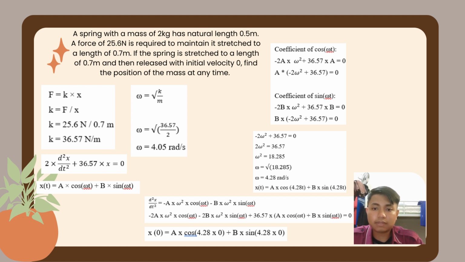So we assume x(t) equal a times cos omega t plus b times sin omega t. So we need to find the value of omega. The formula for omega is equal to square root of k divided by m. So we insert the value of k and m, which is 36.57 over 2, and the value of omega is 4.05.